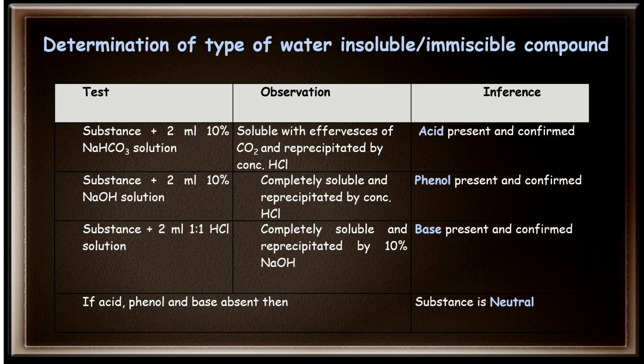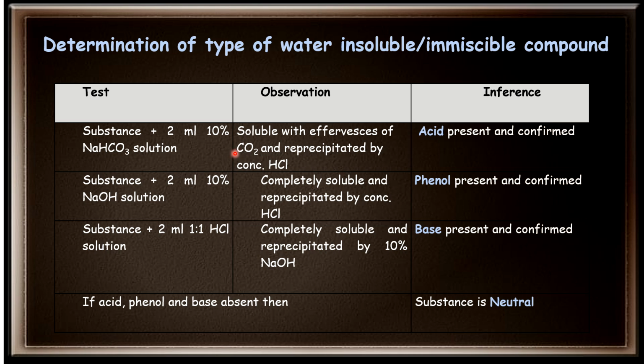Then, determination of the type of water insoluble or immiscible compound. These tests are performed one by one, and when one type is present, stop doing the other tests. First test, substance plus 2 ml 10% NaHCO3 solution. The compound is soluble with effervescence of carbon dioxide.